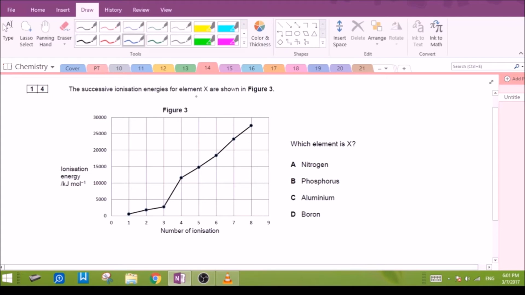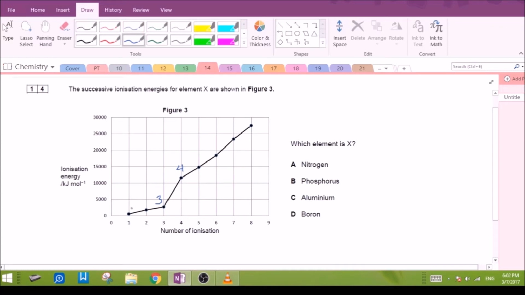Successive ionization energy for element X. So the thing that we have to look out for will be where there is a big jump in the ionization energy. So we notice that after removing the third electron, to remove a fourth electron requires a relatively large jump in ionization energy.